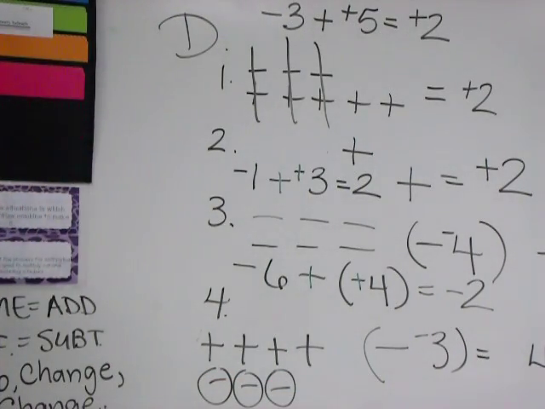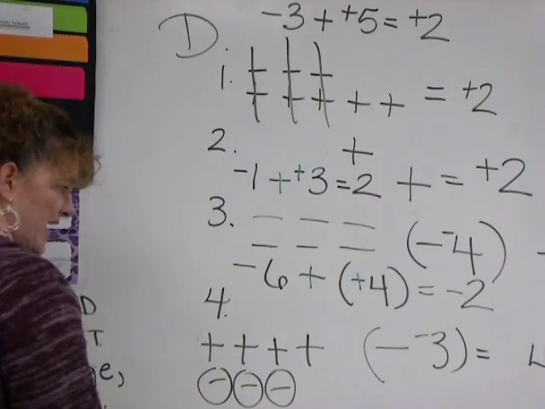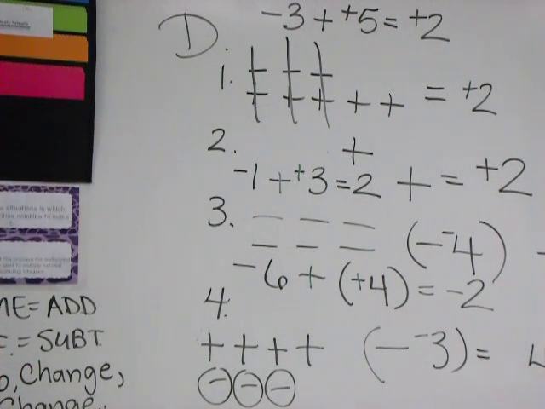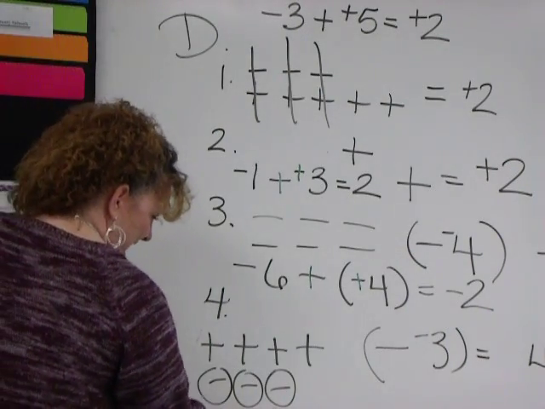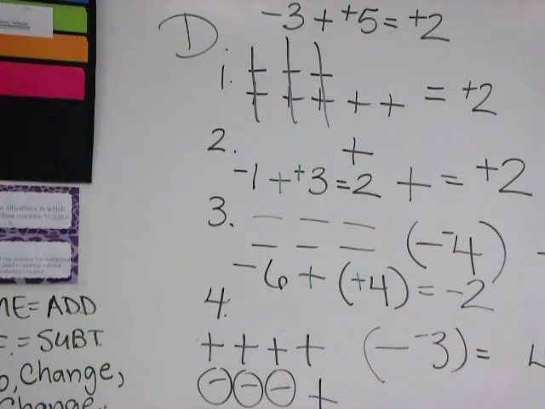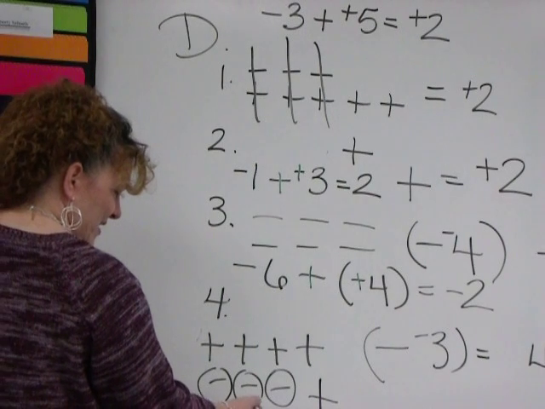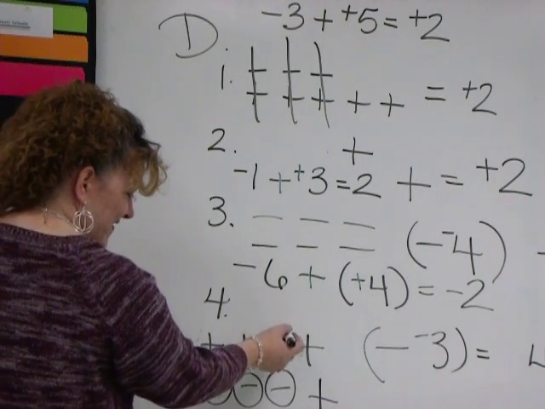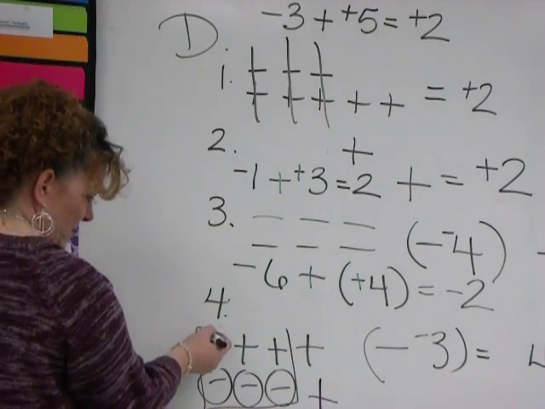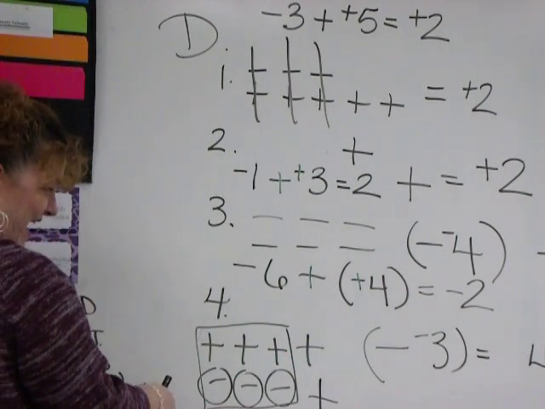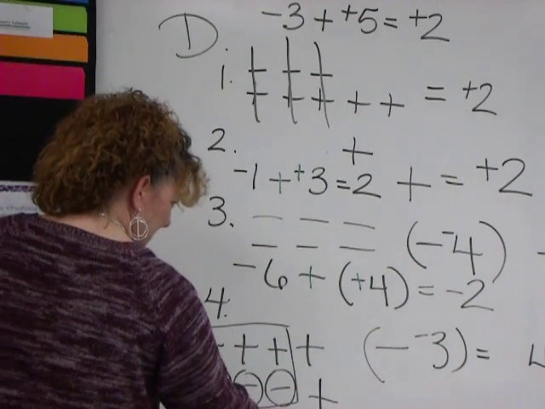If I'm subtracting out 3 negatives and I end up with +4, then I would have had to have had this to start with. Because if I'm going to subtract out 3 positives, these are 0 pairs. So I would have had to have had 1, 2, 3, 4, 5, 6, 7.